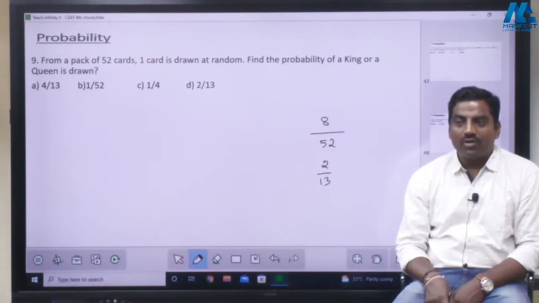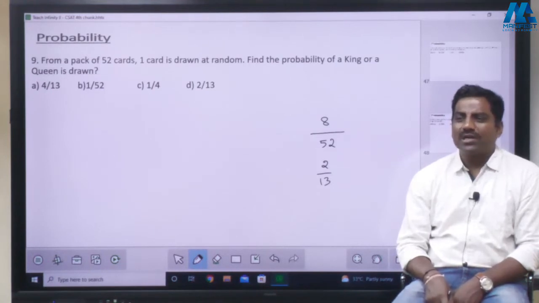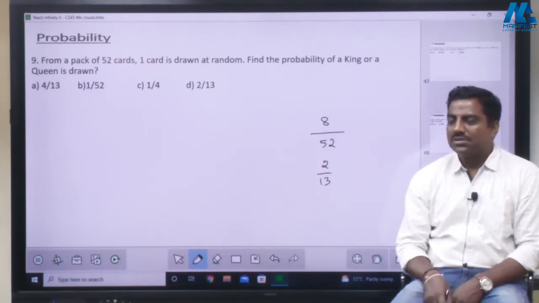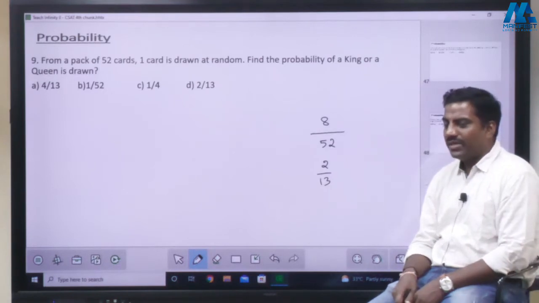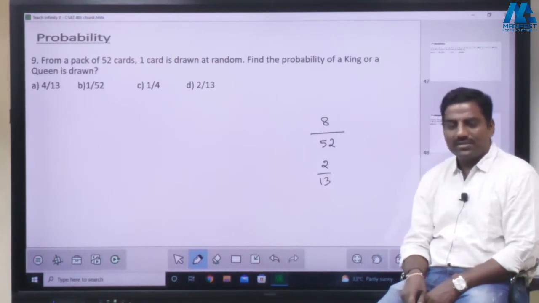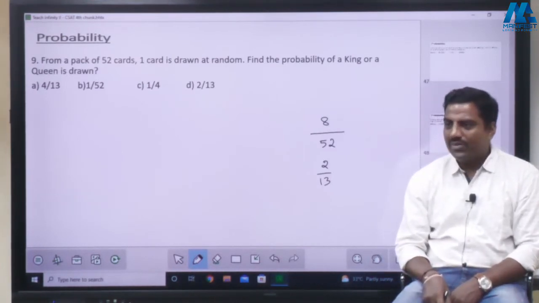In the examination hall, you can't say, sir, I don't know card games, I'll dispute this question. Some things have become general knowledge. Even UPSC can't assume that few people will not know card games. For example, tennis is a popular game. Table tennis. At least you should know how many players will be there, how do they play.